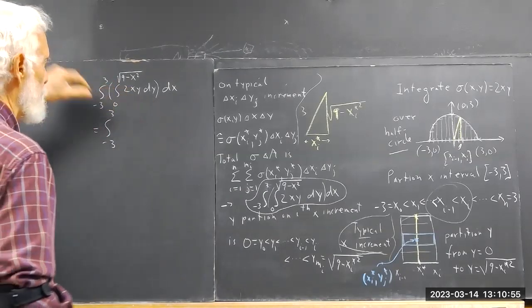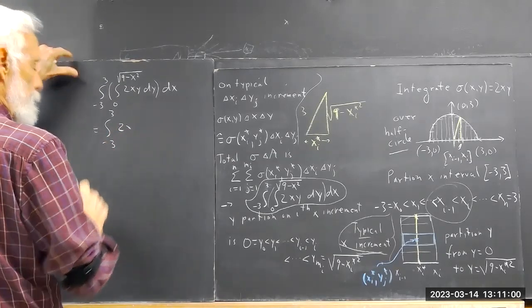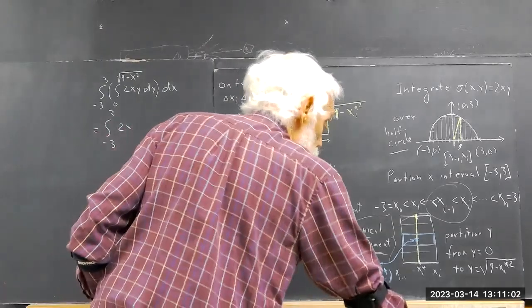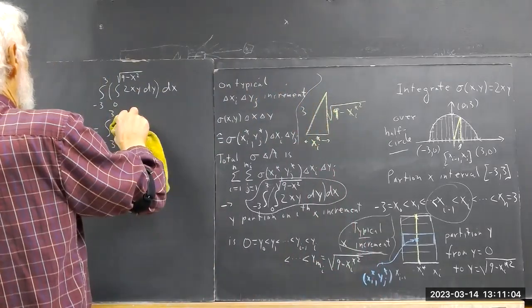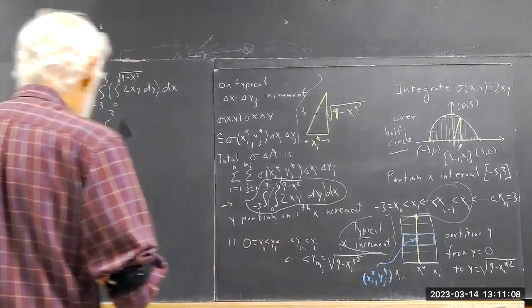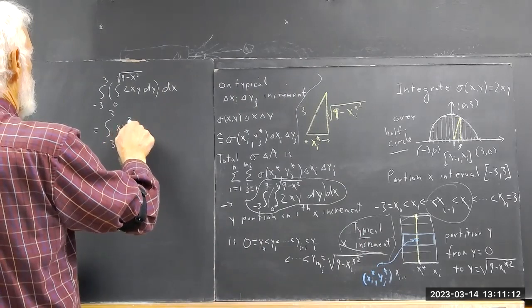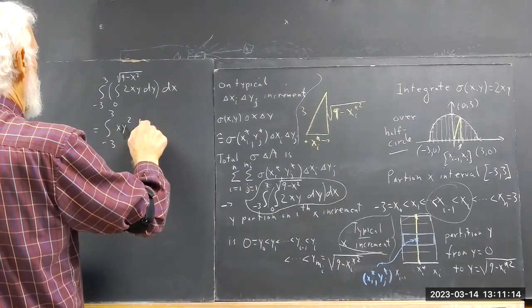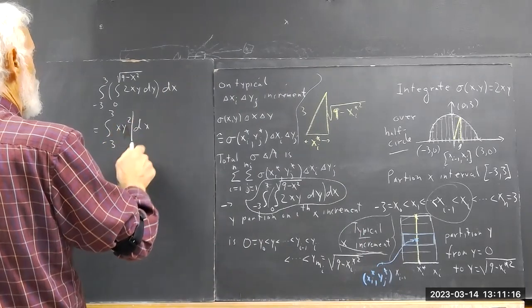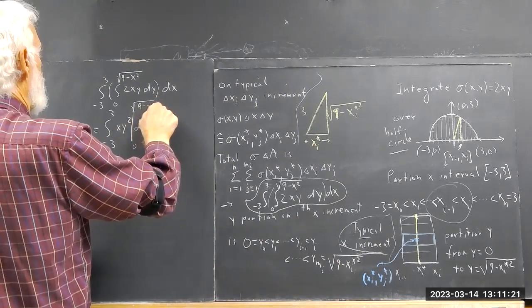Okay, we integrate this with respect to y. That's going to give us 2x times y squared over 2, and that's just going to be xy squared, evaluated from 0 to the square root of 9 minus x squared.